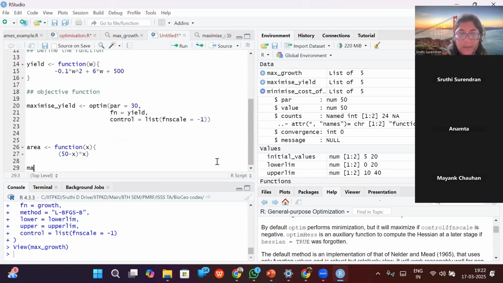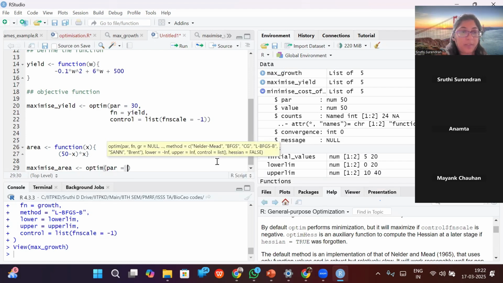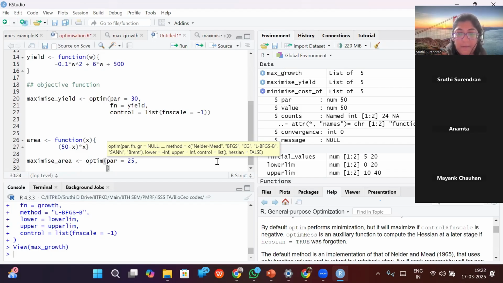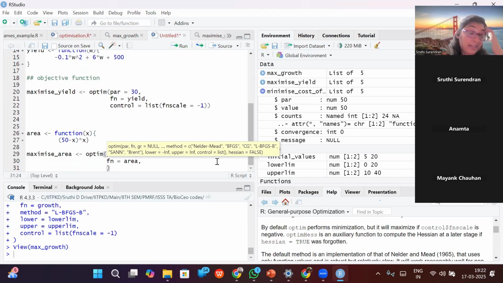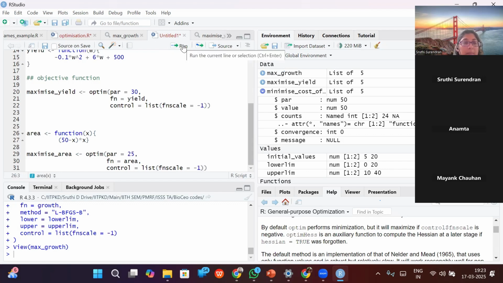Now, our objective function is to maximize the area, and we use optim. The initial value of the parameter, I'm just putting some value. Okay, Mayank gave us 25, so let's see if it is 25 itself. Function is equal to area. Since it is maximizing, we have to use the control argument and provide the component fnscale equal to -1. Now, let us see if we can get the optimal parameters of x.